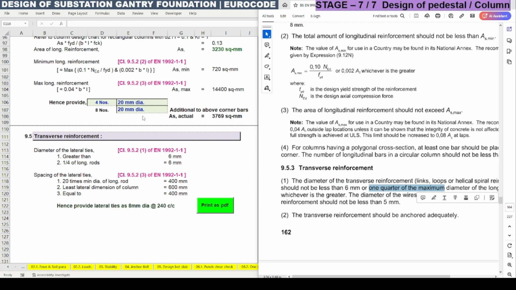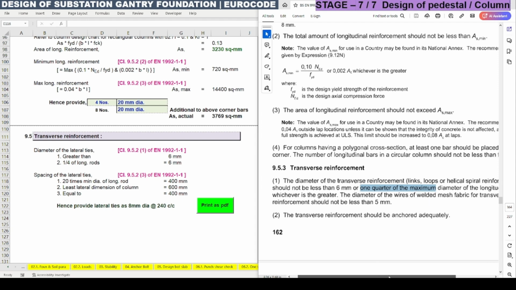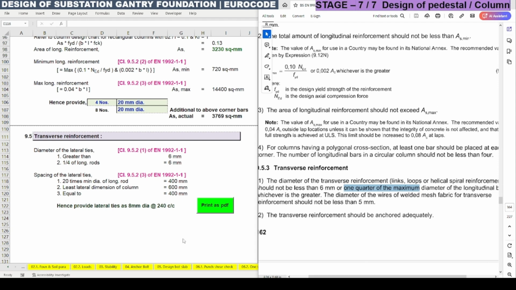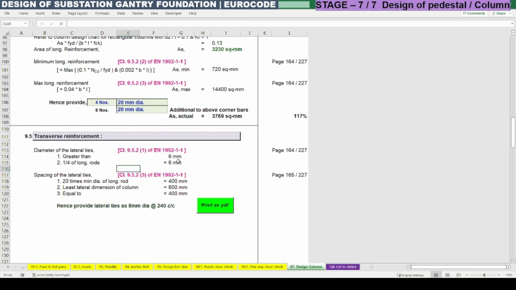The maximum diameter is 20, so 20 divided by 4, we will get around 5 mm. A 5 mm rod is not available, so 6 mm we can consider. So in both cases it is coming 6 mm only.